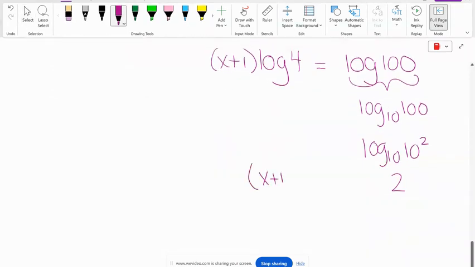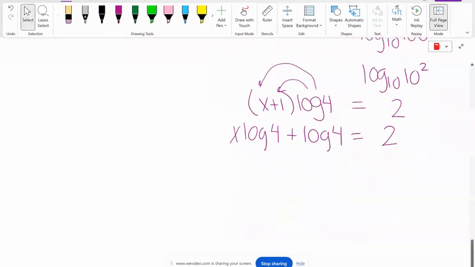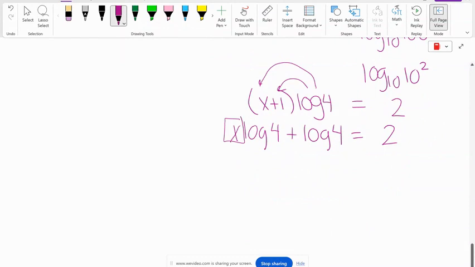So now we're going to have x plus 1 quantity times the log of 4 is equal to 2. I'm now going to distribute in this log of 4. So we're going to have x log of 4 plus log of 4 is equal to 2. My goal is to solve for x.